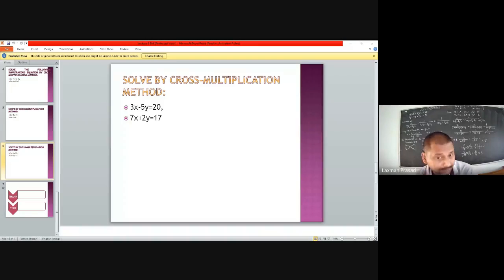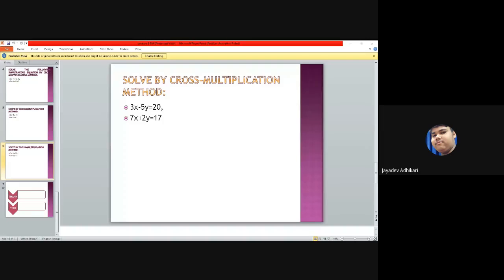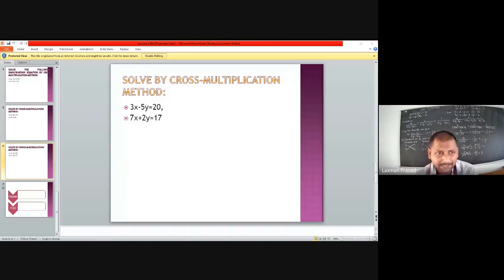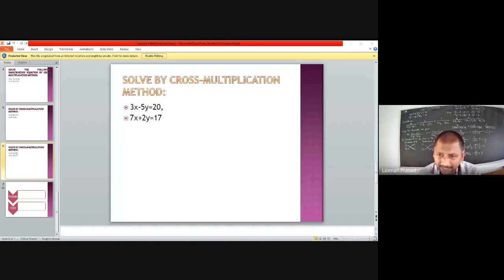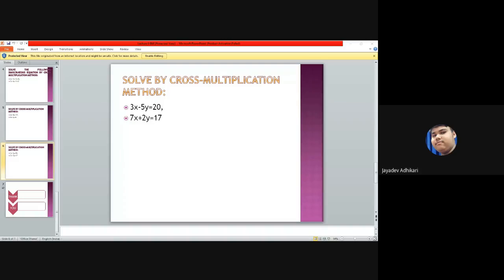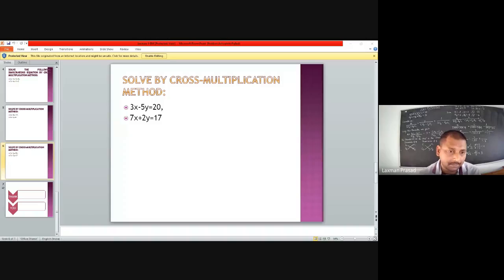X is correct, but there is a slight difference in the value of y. Sir, y is equal to minus 89 upon 41. He is right. What's your name? Jaidev, sir. Jaidev. Okay, you are right.